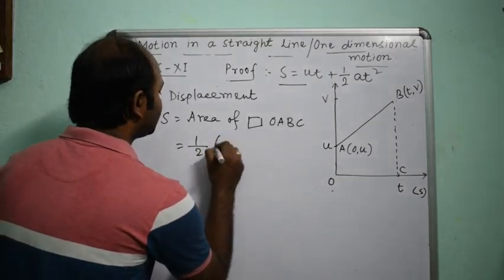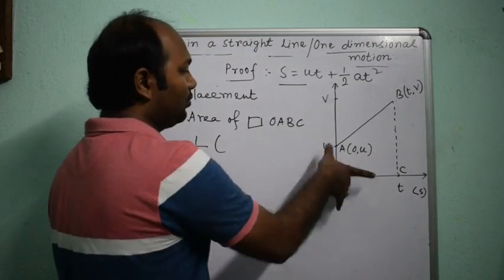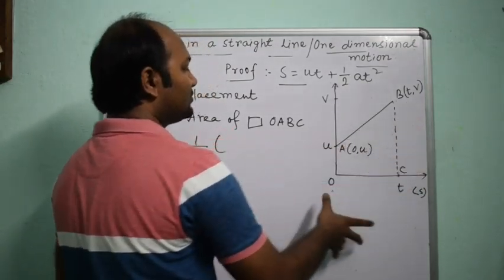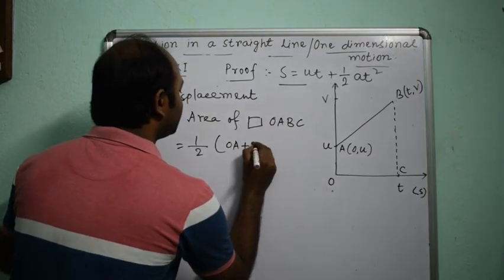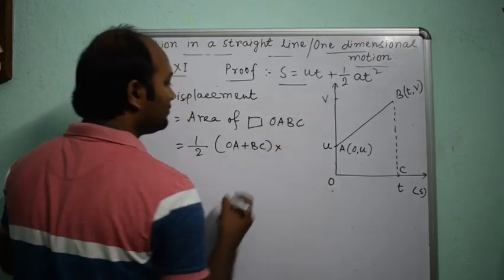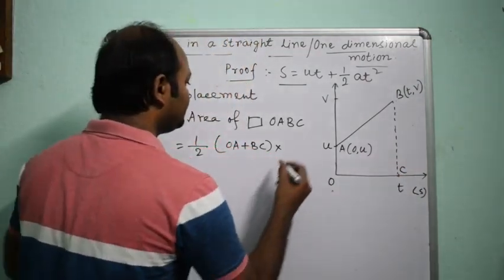The two parallel lines are OA and BC, so its sum means OA plus BC, into its height. Height is OC.